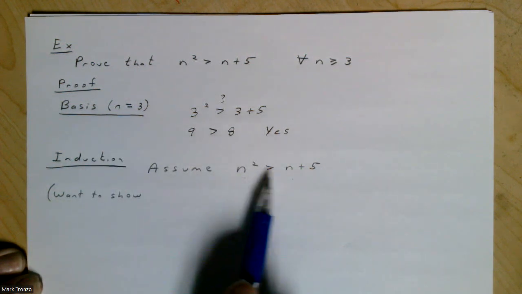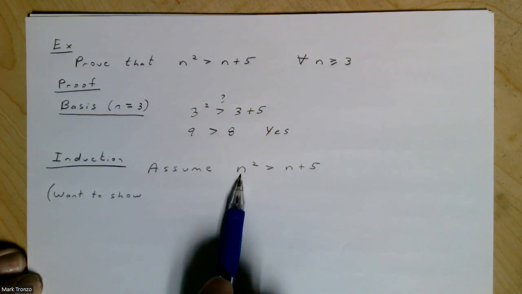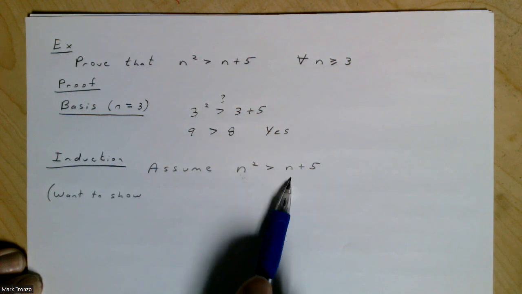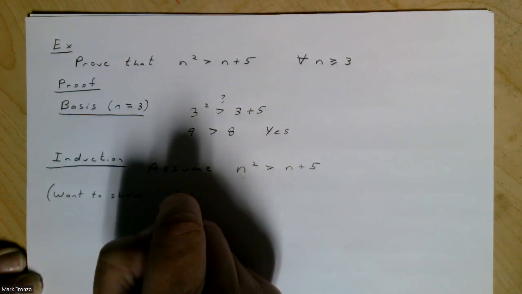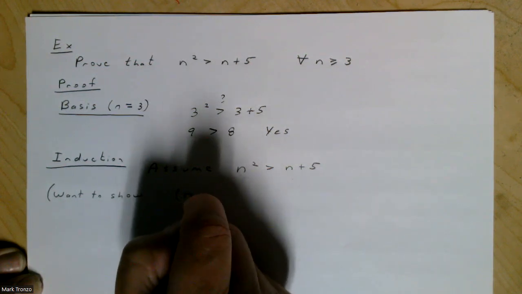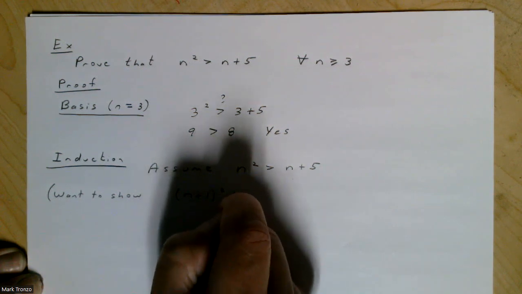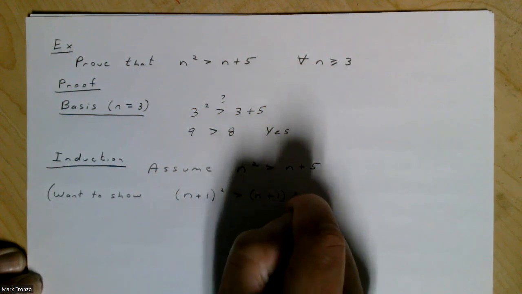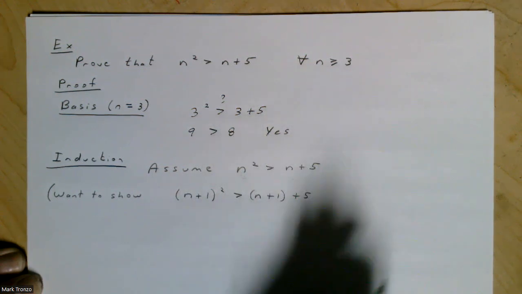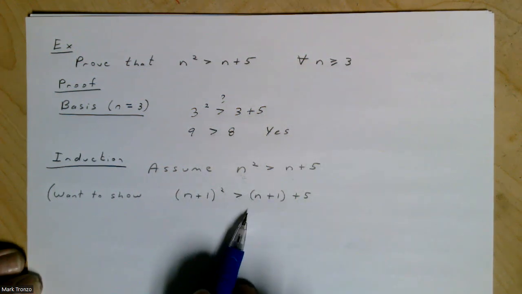So that means we have to replace n with n plus 1 in these cases. So we want to show that this is true for n plus 1 and plus 1 here. So we replaced n with n plus 1.